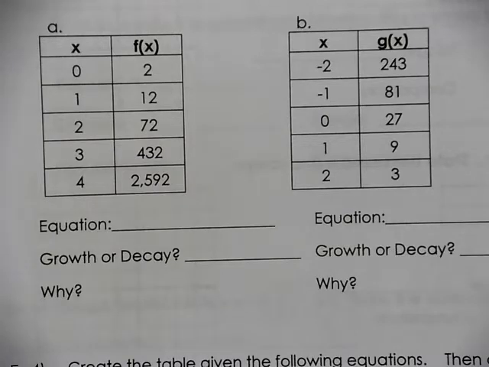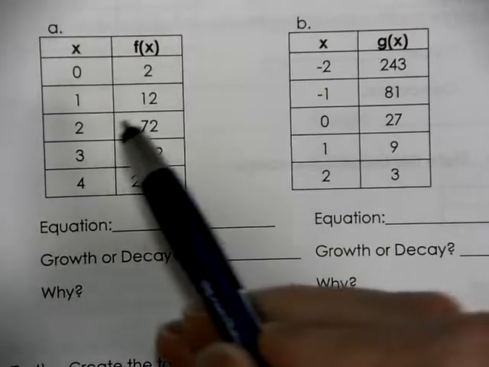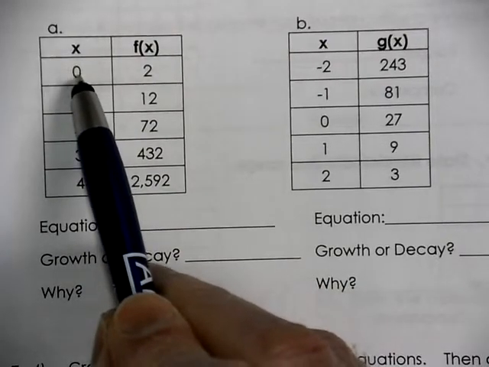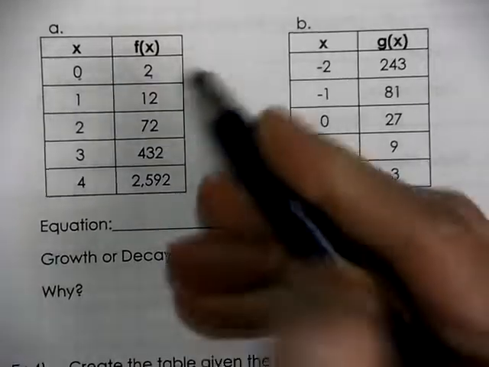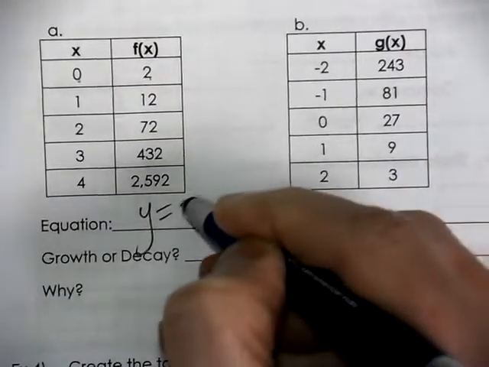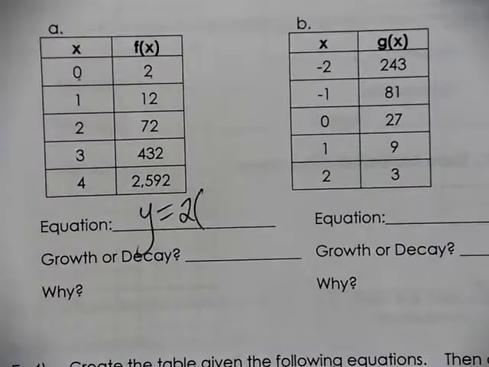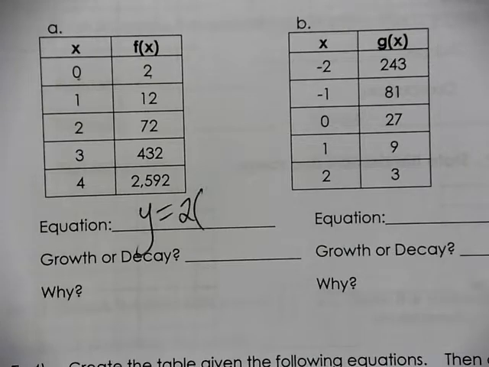It is your y-intercept. And the y-intercept is figured out where x is 0. In this case, our y value is 2. Then we need to know something else. The b value.